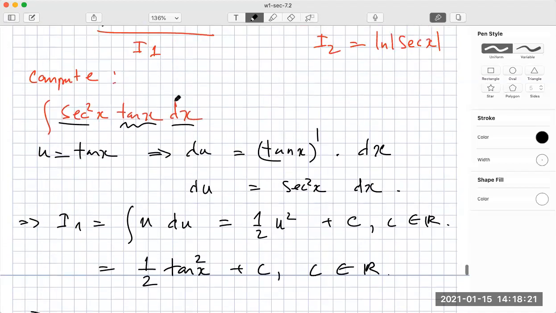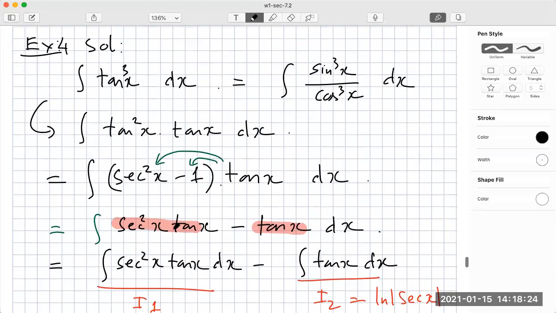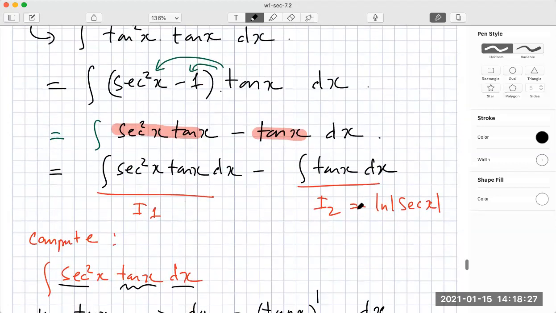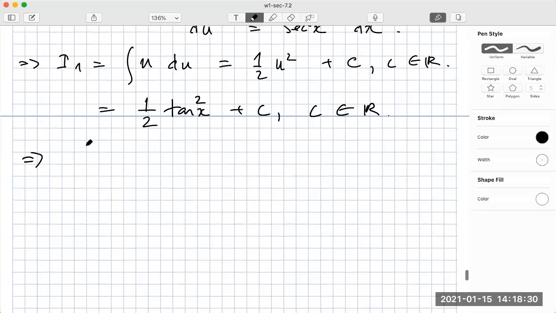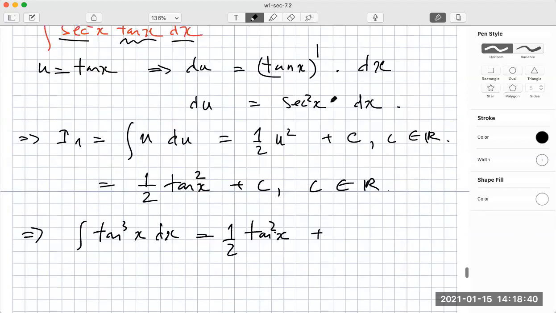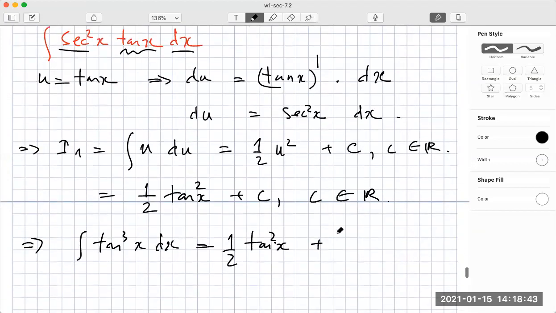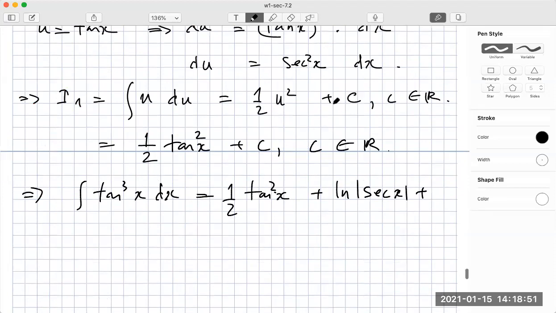Okay, therefore, the original problem will be I1 minus I2, right? Therefore, the integral of tan cubed x dx will be 1/2 tan squared x plus natural log absolute value of secant x plus a number, because we use the notation c here already, so let us use a different constant d, and d is also in R, right?